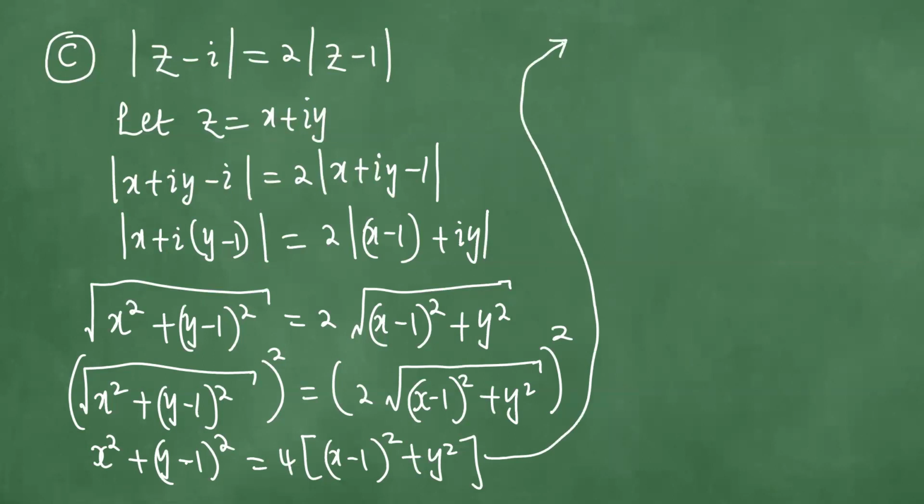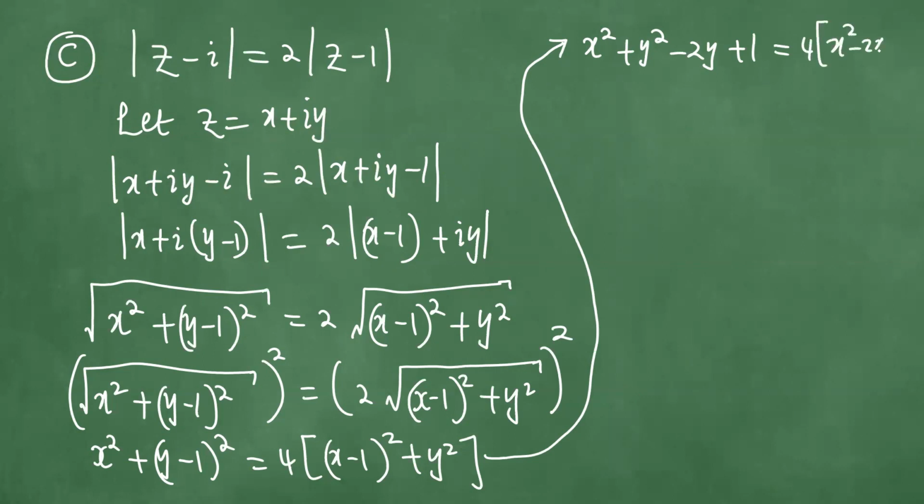Upon further multiplication of this, you can just write here. So this is exactly x squared plus y squared minus 2y plus 1. Okay, you distribute.